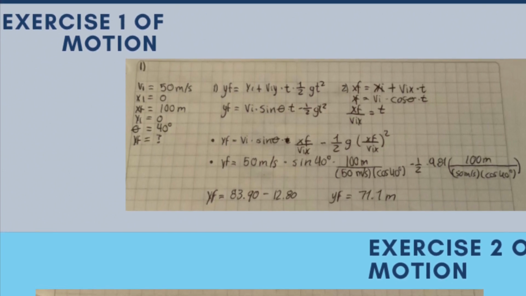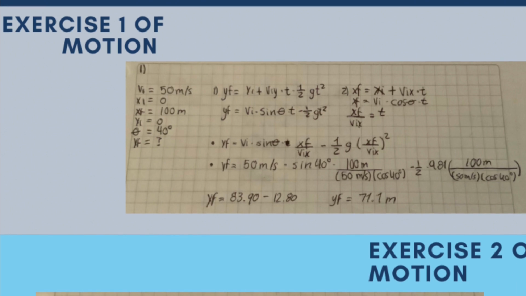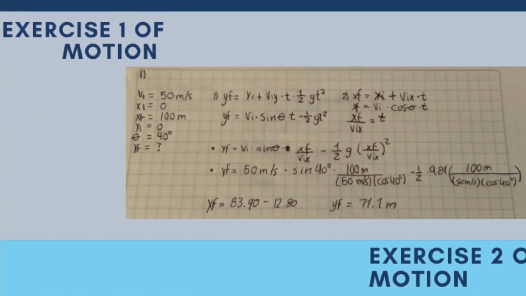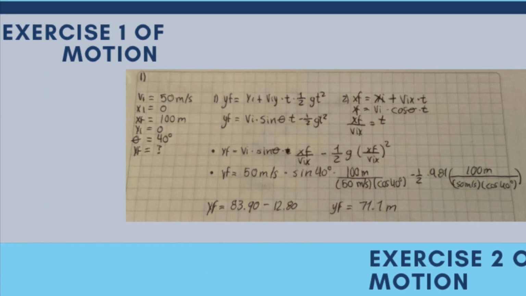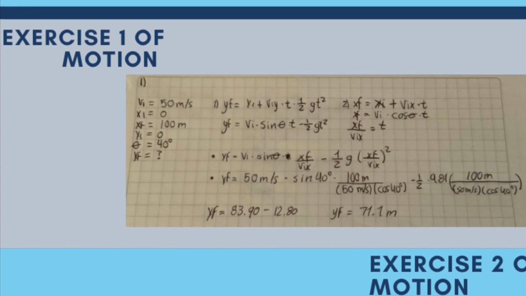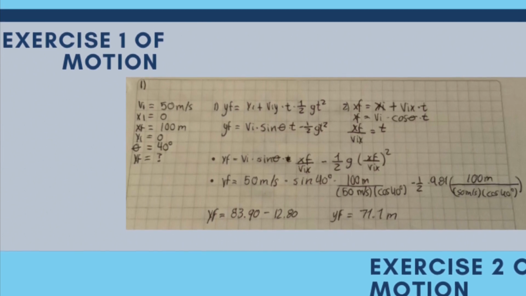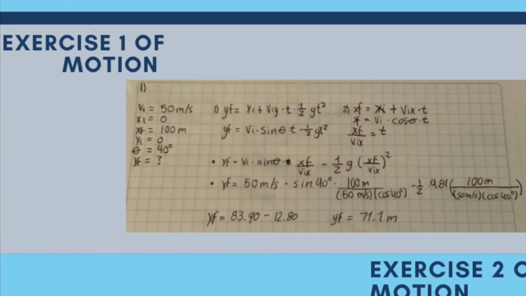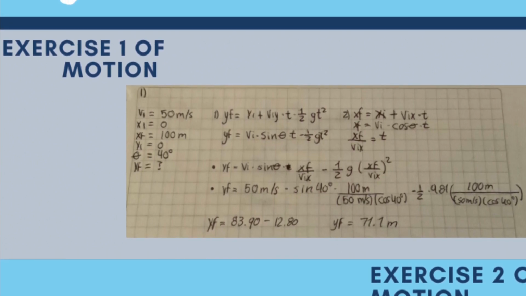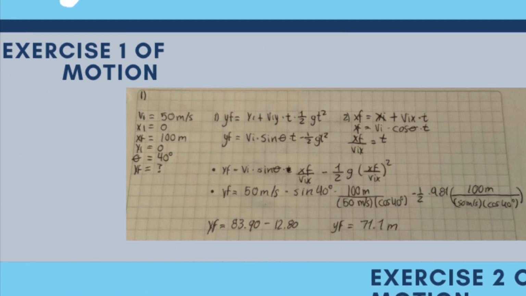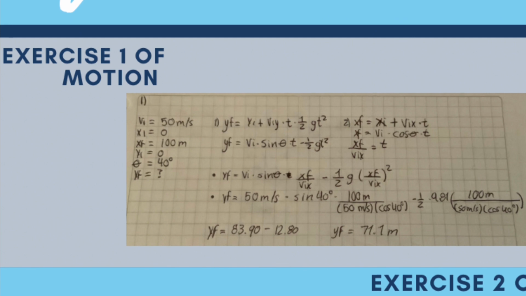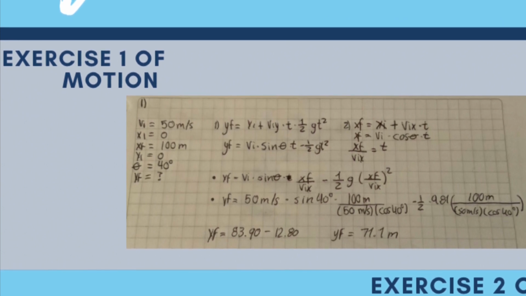Now we have to find Yf. For finding Yf, we need to do the following process: Yi plus Viy times the time minus 1/2 g t to the power of 2. Then Yi is equal to Vi, the sine of the angle times the time, plus 1/2 g t squared.